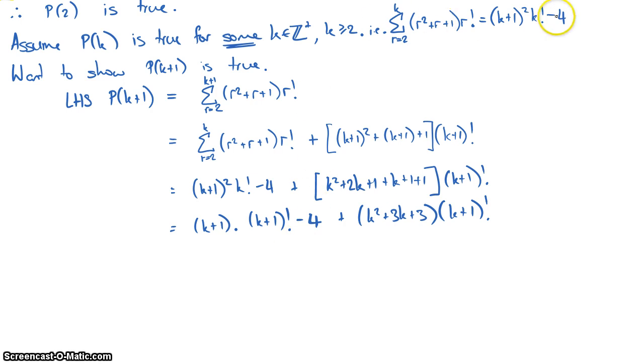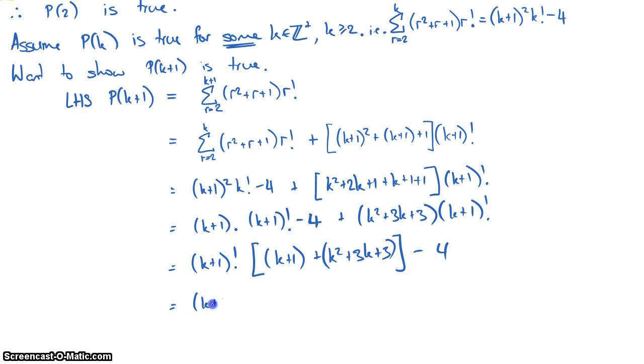But that's okay, because I want a minus 4 out the back, so that can just live out the back. That's perfectly okay with me. So (k plus 1) factorial. Then from this first one, I have k plus 1. Leave the minus 4 at the back. Then plus k squared plus 3k plus 3, minus 4.